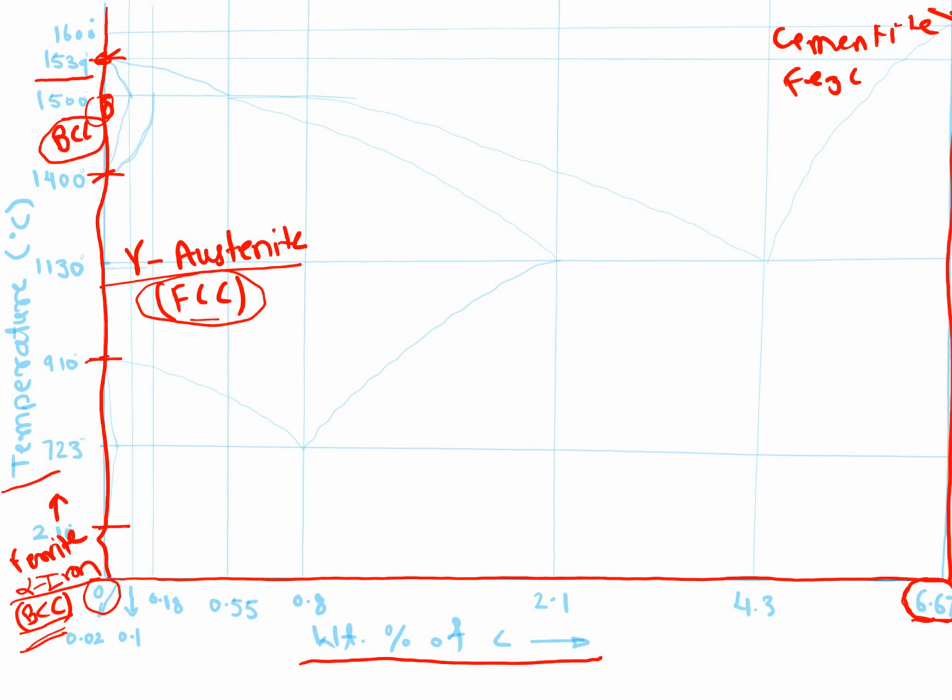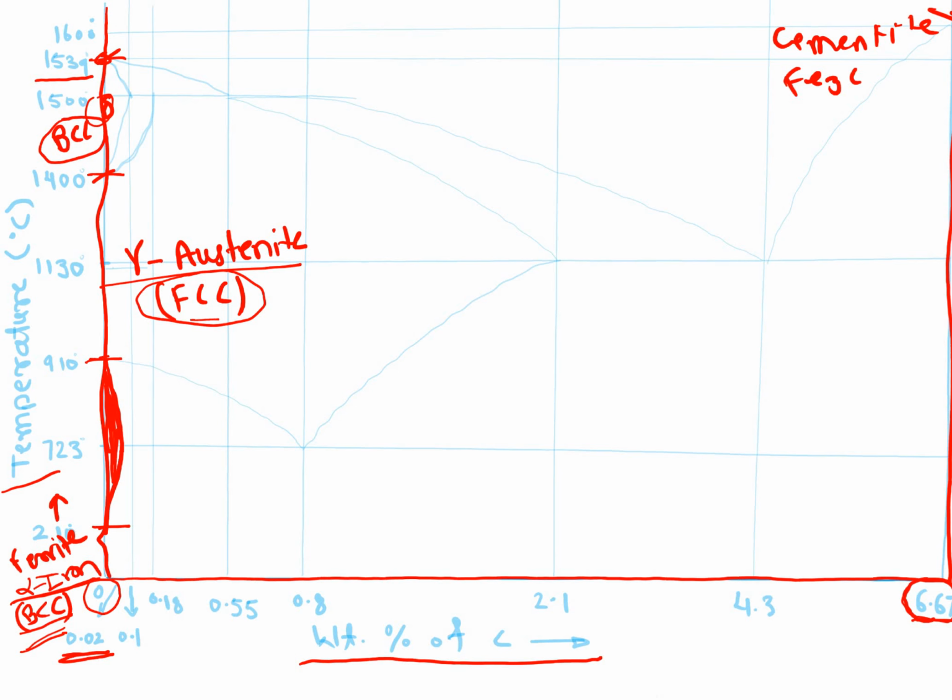Now we will dissolve carbon in alpha iron, or in alpha BCC ferrite. You can see here, this is the region of alpha iron, which has a maximum of 0.02% carbon dissolvability.